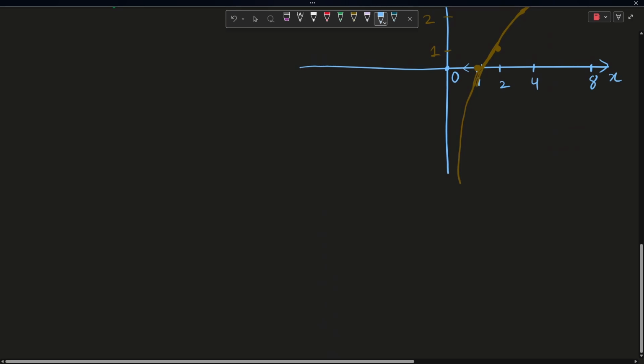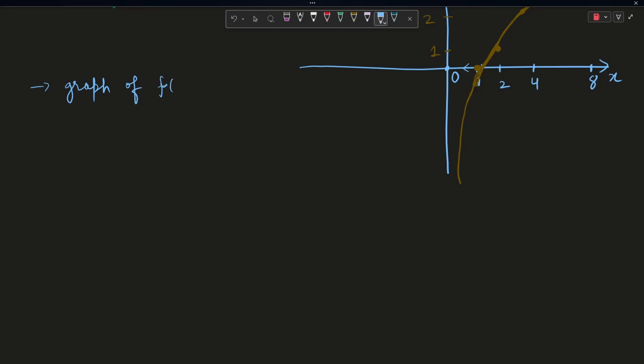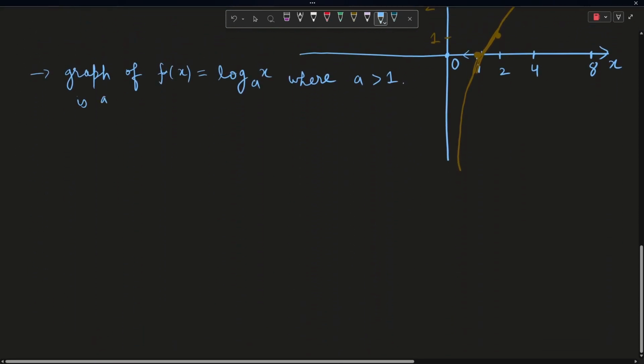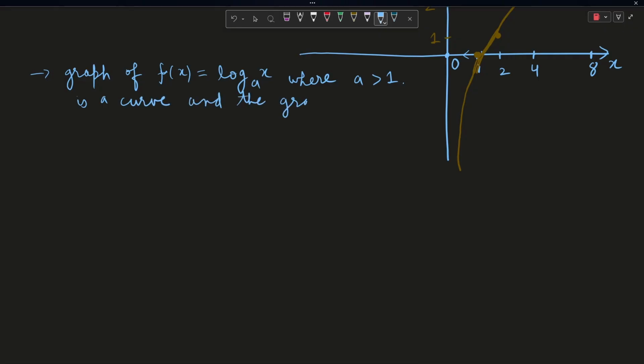So what can I say from this? That the graph of f of x is equal to log x to the base a, where a is greater than 1, which is the case we have taken, is a curve, and the graph is increasing, behaving as an increasing function, right?